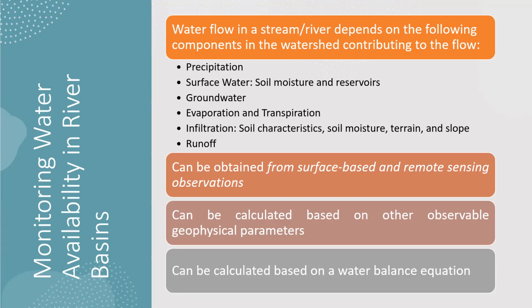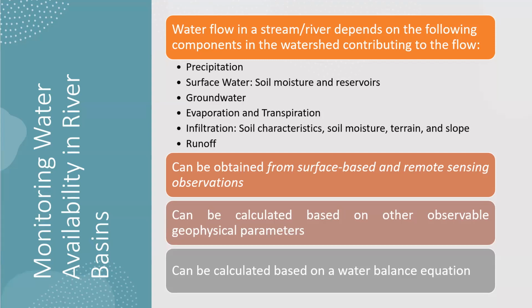We need surface water. We need to estimate soil moisture and any storages. We need to also have an idea of the groundwater. We also need evapotranspiration. We need to understand the infiltration, that we can derive from soil characteristics. We can derive it from a number of things. And then we also need runoff data.